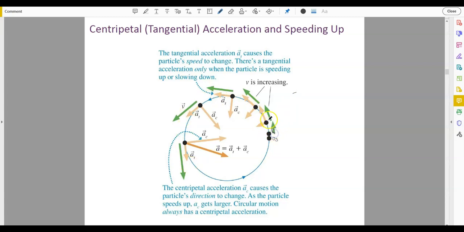This is 1 second, this is 2 seconds, this is 3 seconds, this is 4 seconds, 5 seconds, and 6 seconds. So it looks like it covers just a little bit over a half revolution.